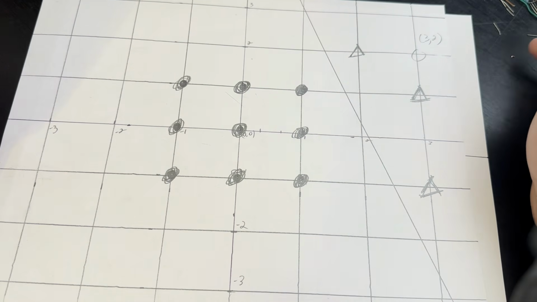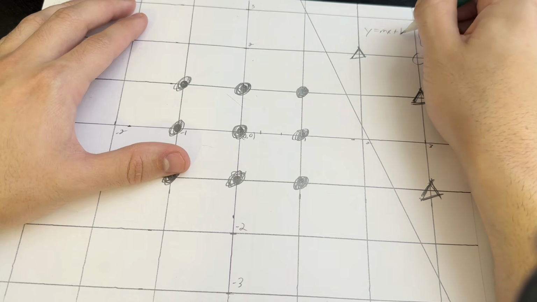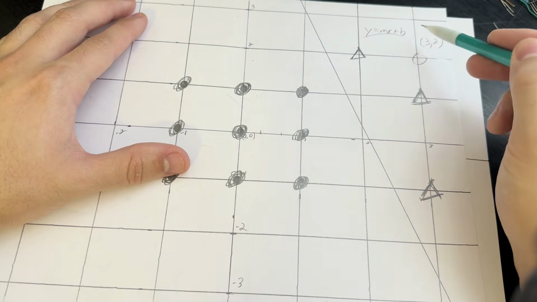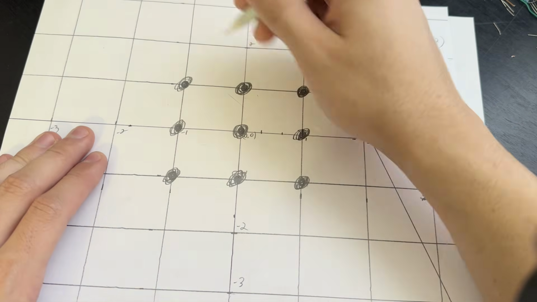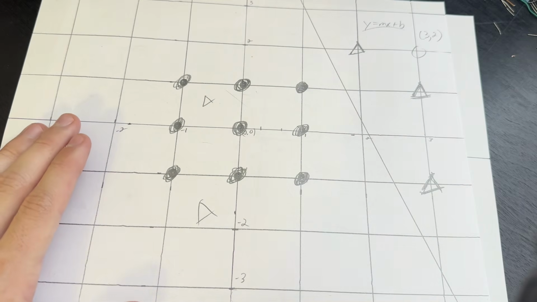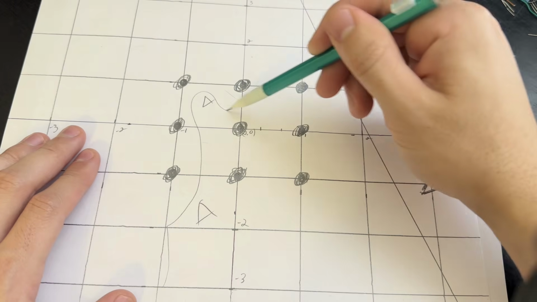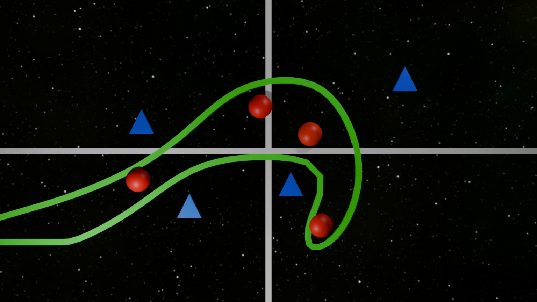If you remember high school algebra, you have y equals mx plus b, and it can only solve it for equations like this. So let's say there were triangles all over the place, like this. It can't make a line that swerves in and tries to isolate the triangles like this. It can't do that. So only linear equations can be solved by the perceptron.